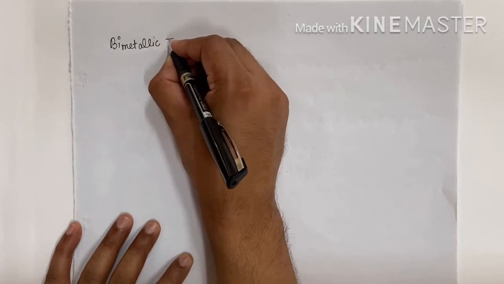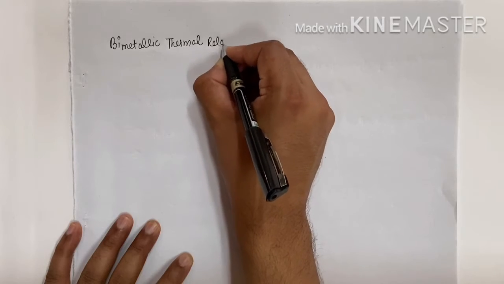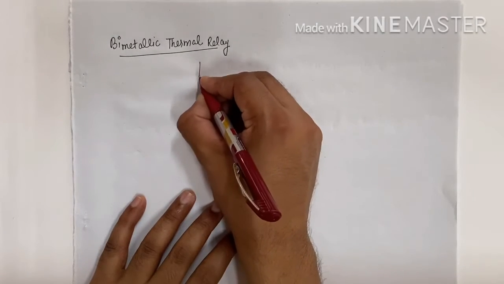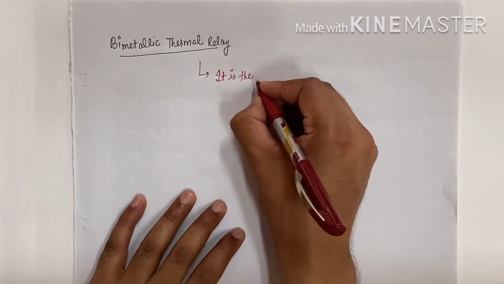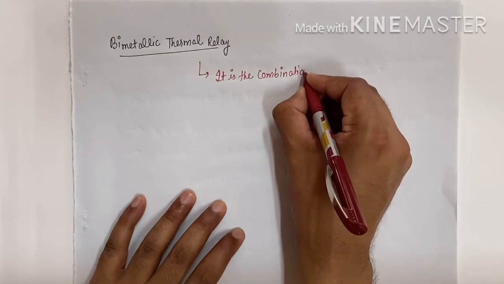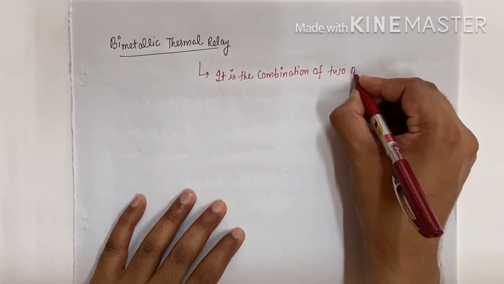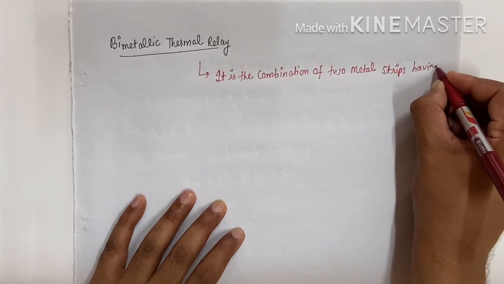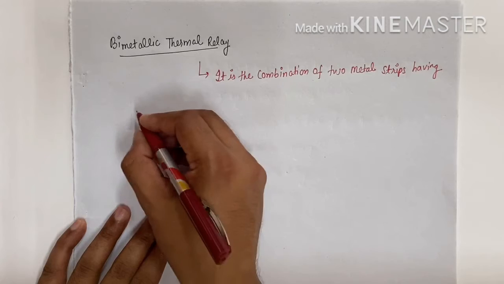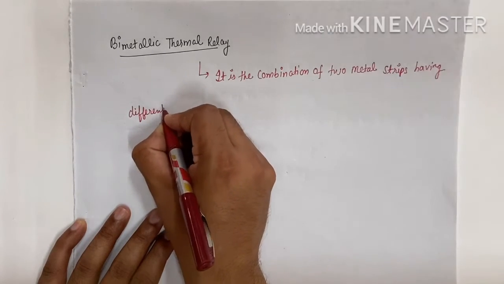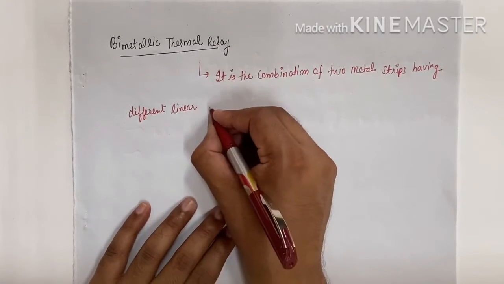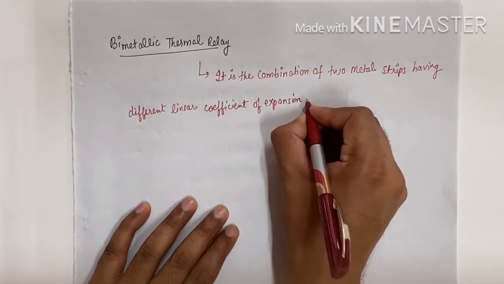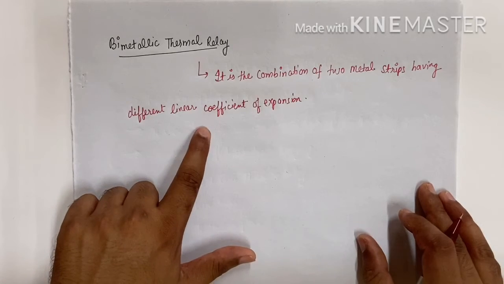Bimetallic thermal relay is the combination of two metallic strips having different linear coefficient of expansion.